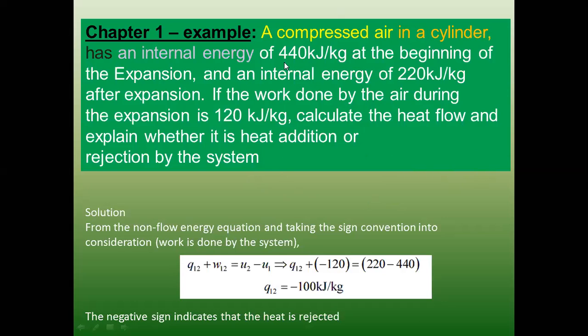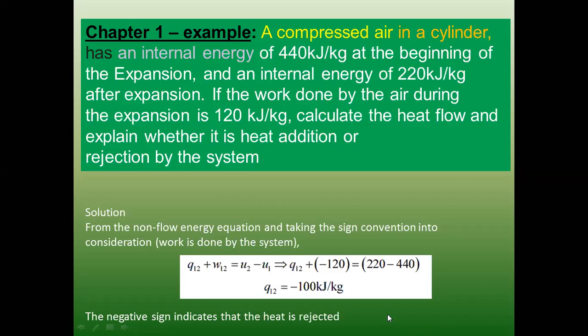At the beginning, this much initial internal energy, and at the beginning of the expansion, and an internal energy of 220 after expansion. So this is after expansion, so this is U2, 220. U1 is 440, and this is a closed system.